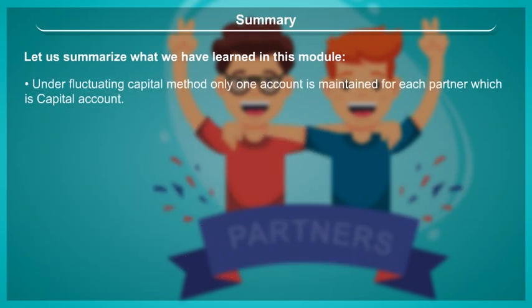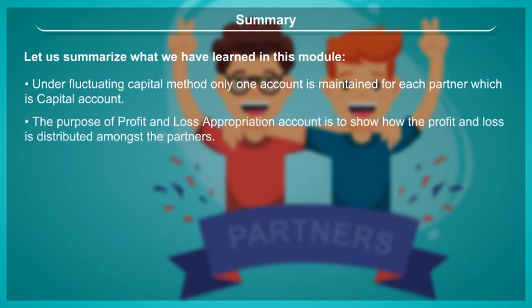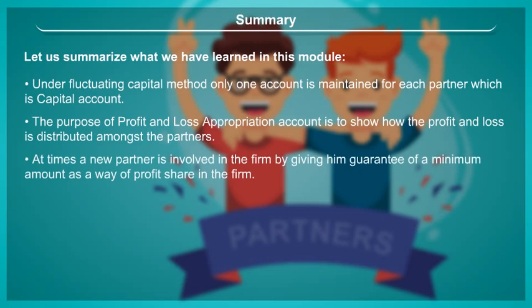Under the fluctuating capital method, only one account is maintained for each partner, which is the capital account. The purpose of the profit and loss appropriation account is to show how the profit and loss is distributed amongst the partners. At times, a new partner is involved in the firm by giving him a guarantee of a minimum amount as a way of profit share in the firm.